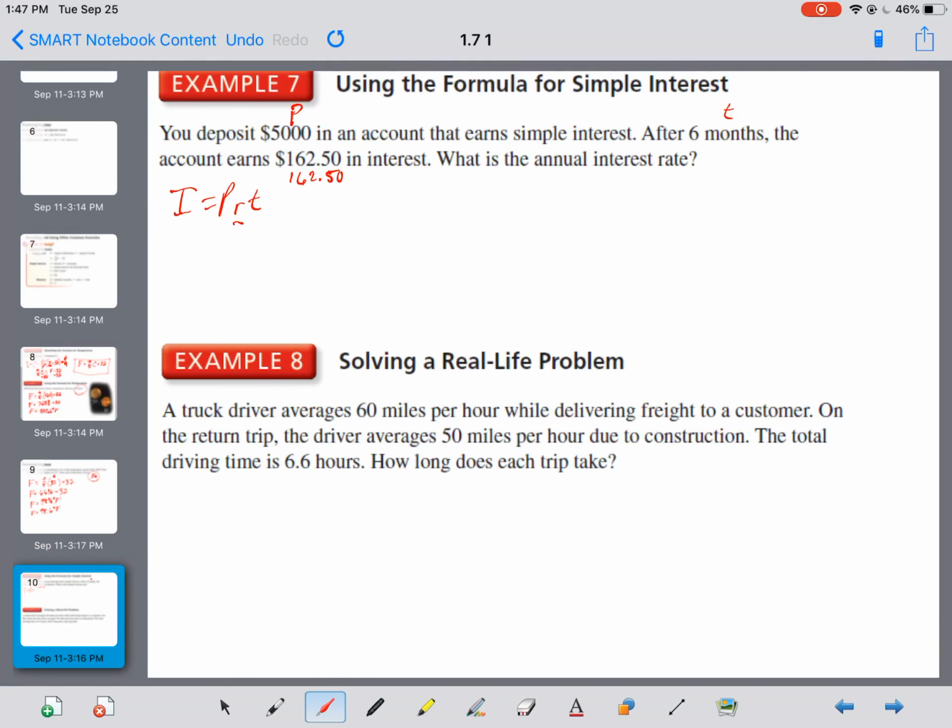Well, we want to know R. So that means I want to get rid of P and T. To get rid of P and T, next to each other means multiply, so to undo is divide. So R equals the interest that you earn over the principal times the time. So that for us is $5,000. Or sorry, your principal is the P thing.